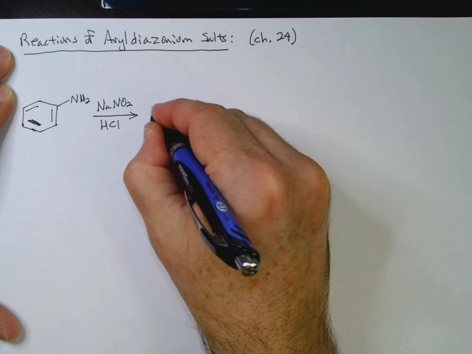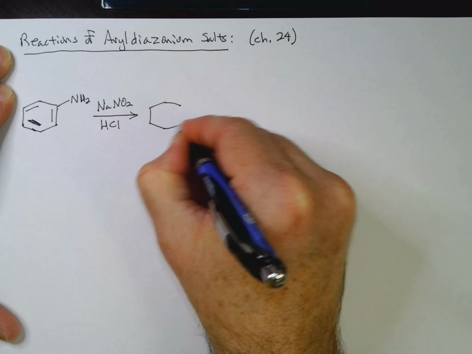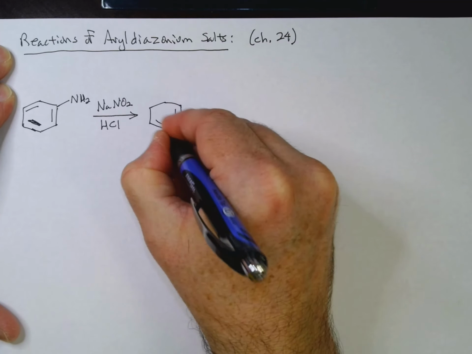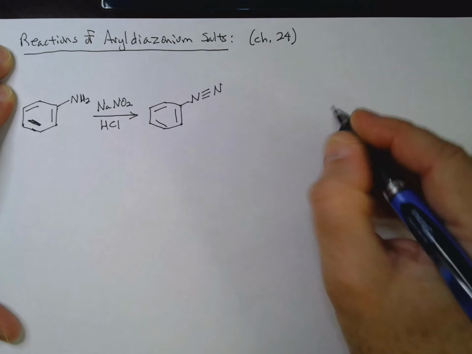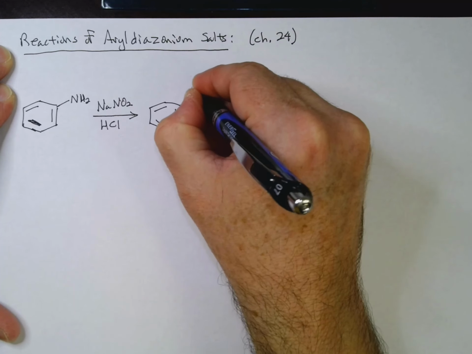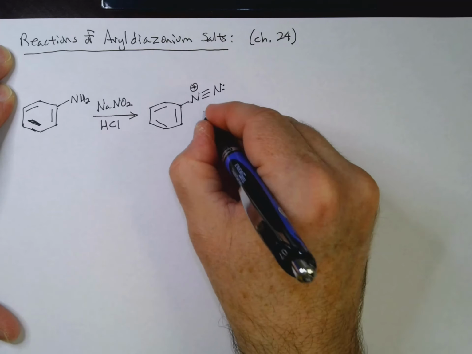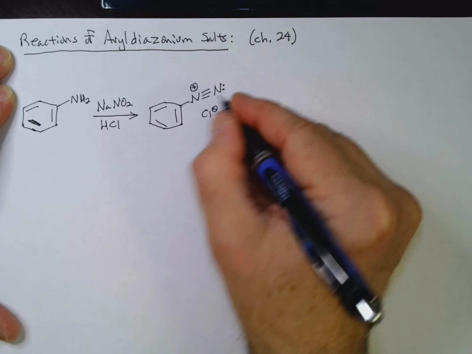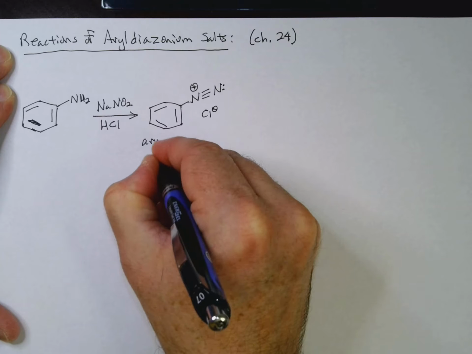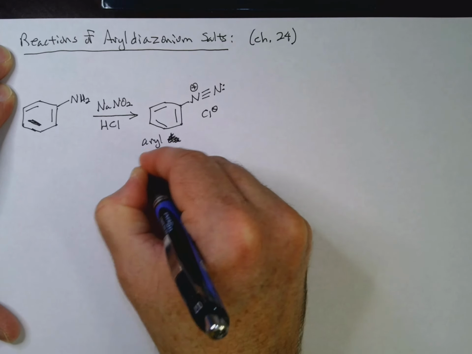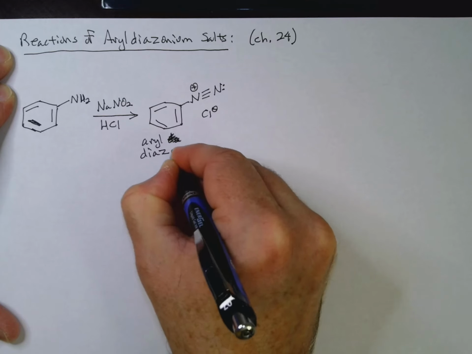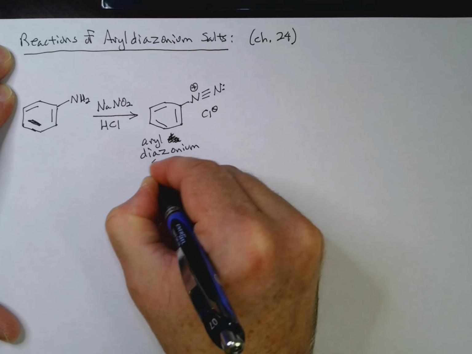We will get the following species. And then we'll have Cl- as the counter ion. And this is an aryl diazonium salt.